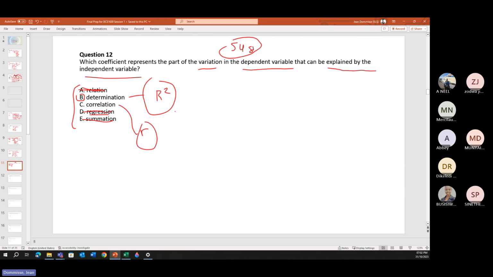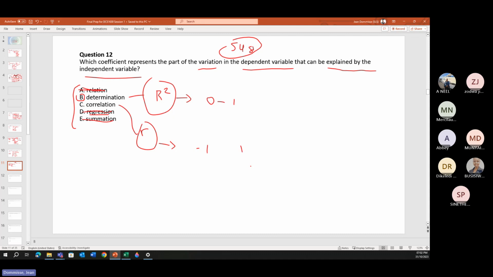What they can also add to it is this: remember, R square takes on values between 0 and 1. R takes on values between -1 and 1.